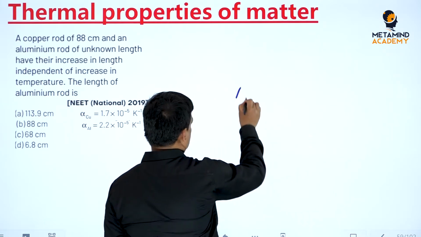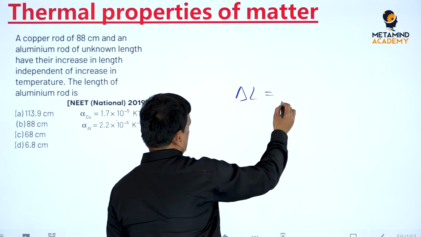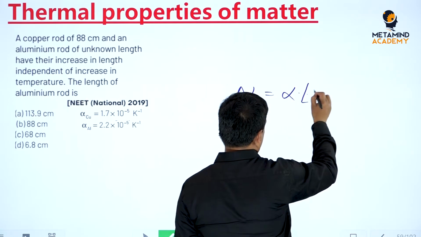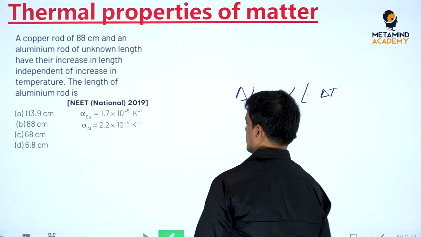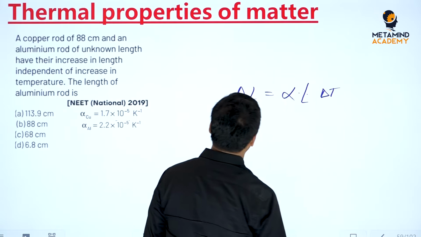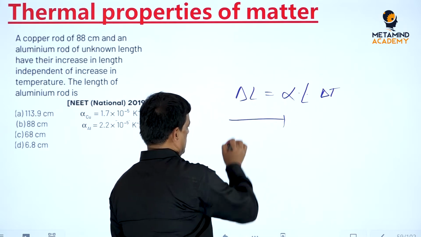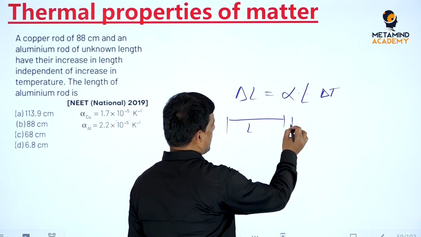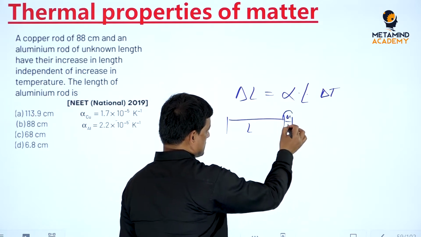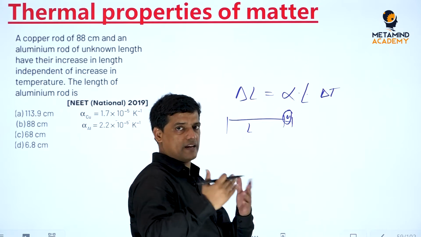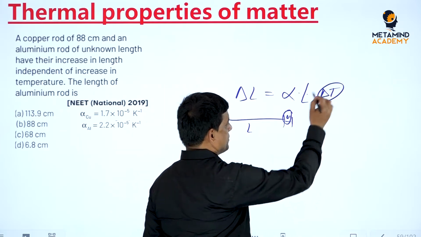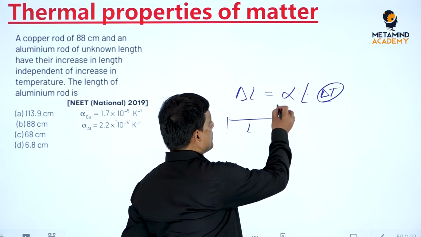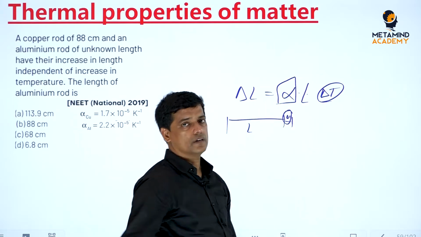Change of length delta L is equal to alpha times original length and delta T, change in temperature. That is how it happens. Whatever length the rod has, if it is changing by delta L, this change in length, whether plus or minus, will depend upon how much temperature is applied to it, and at the same time upon the coefficient of linear expansion.